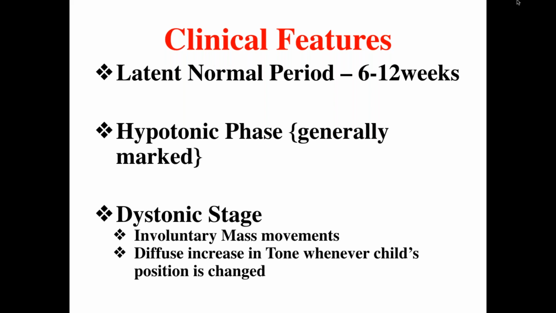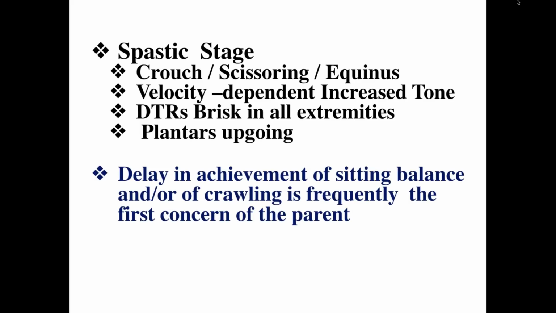This may manifest as a preterm baby who's otherwise comfortable in mother's lap, and in fact looking very low tone, but as soon as the baby is put on the bed or is irritable, the child will have a diffuse increase in tone, again with opisthotonus or scissoring. At this stage, you will not be able to say that this child will have diplegic CP. There is involvement of the whole body, and during the dystonic stage, the reflexes are usually not brisk.